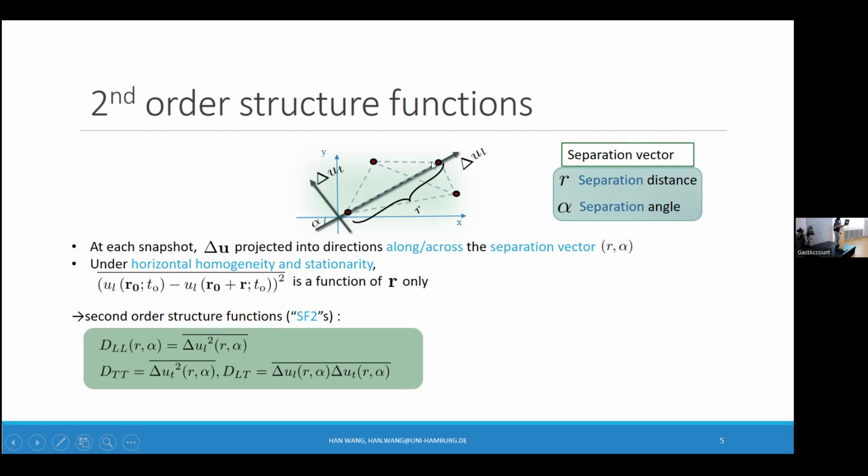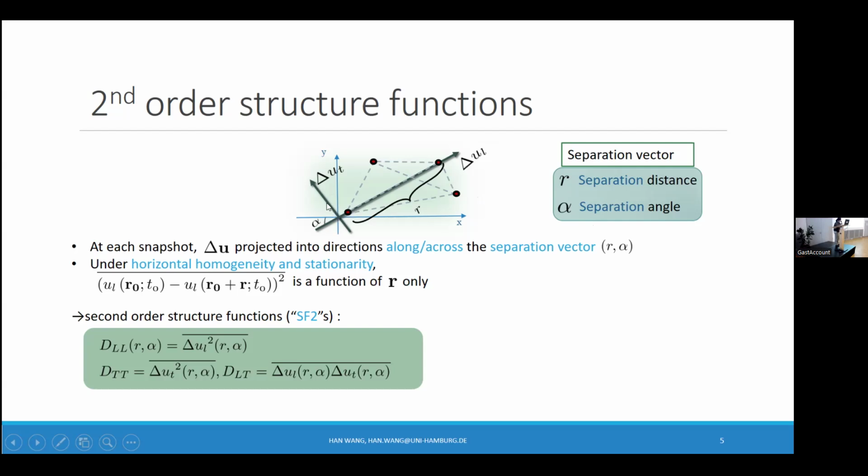And then for each pair, for example, if we look at this pair of drifters, we can look at their separation vector, which is just the vector connecting the locations of these 2 drifters. This is my notation for the separation vector. It's in polar coordinates. It has a distance and an angle. The angle is just the polar angle of the separation vector.